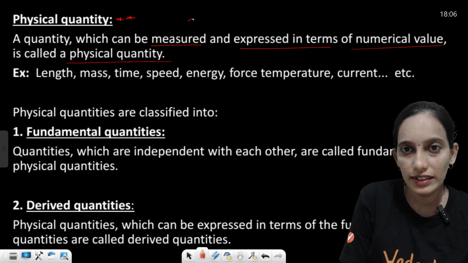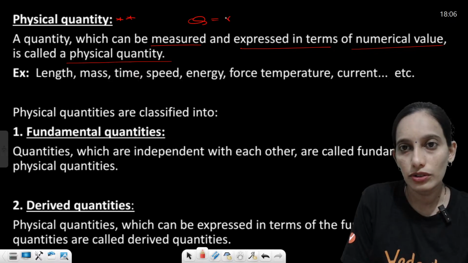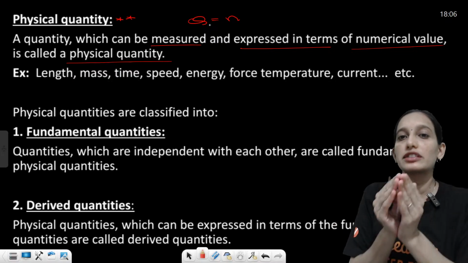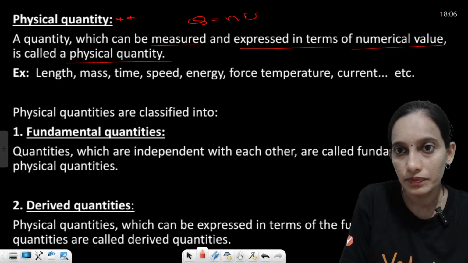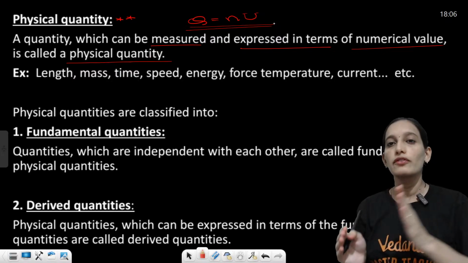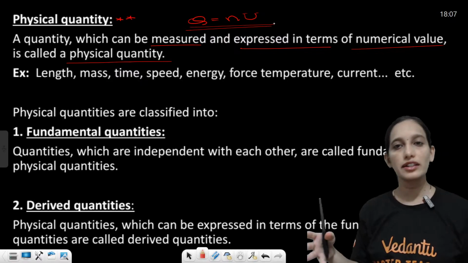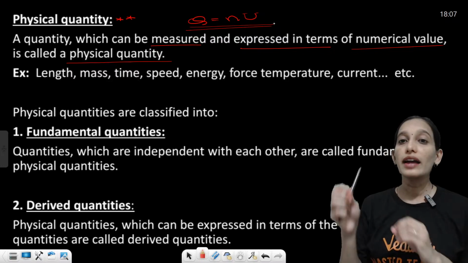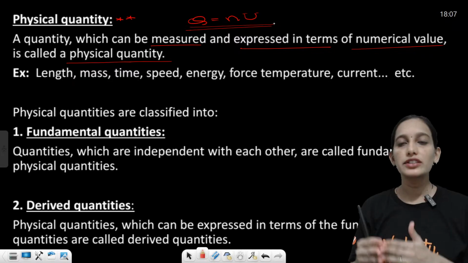If I say there is a physical quantity Q, it should have some numerical value, let us say N, and we'll soon see that to express a physical quantity some unit is necessary, say U. So any physical quantity can be represented as Q = NU, where N is its numerical value or size, like 100 kilometer, 100 meter, 10 seconds, 20 seconds, and U is the corresponding unit, like seconds, hour, meter, kilometer.